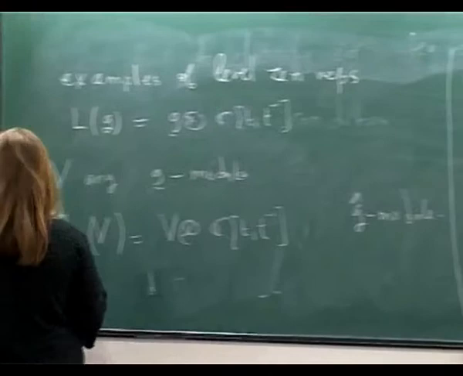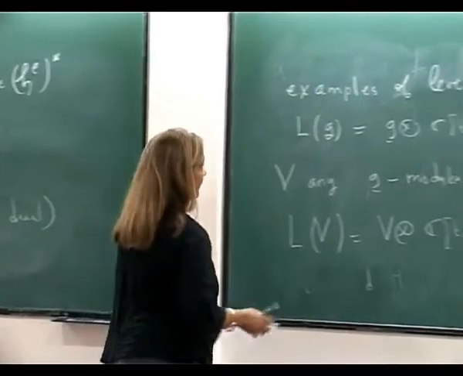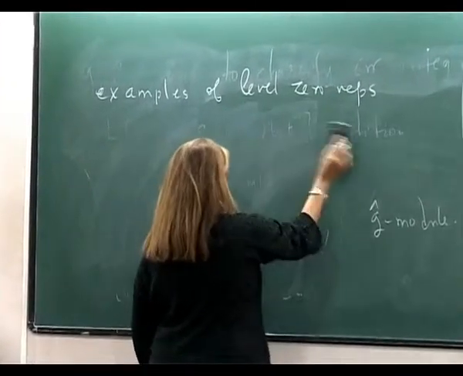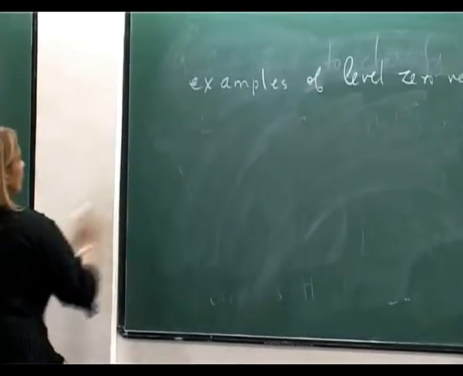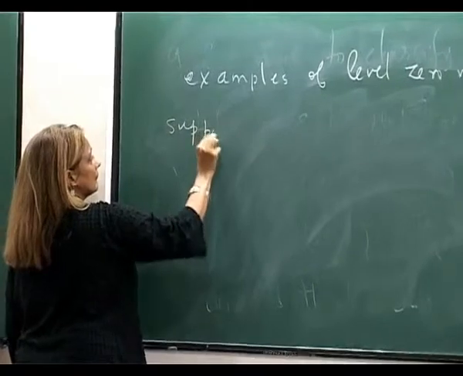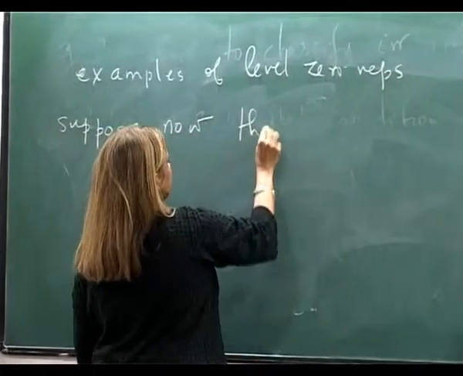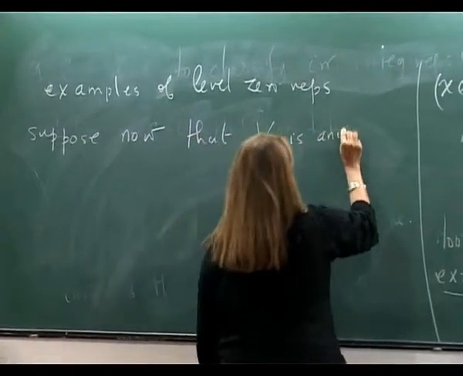So this construction can actually be generalized a bit. I want to keep that theorem over there. So let me continue here. A generalization is as follows. Suppose now that V is any LG module.